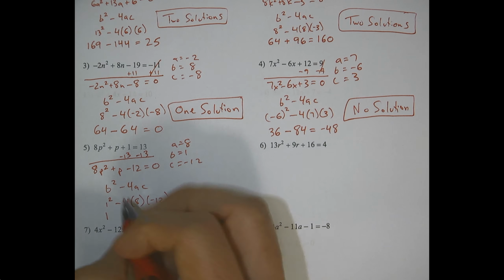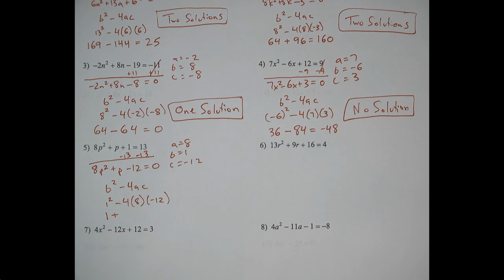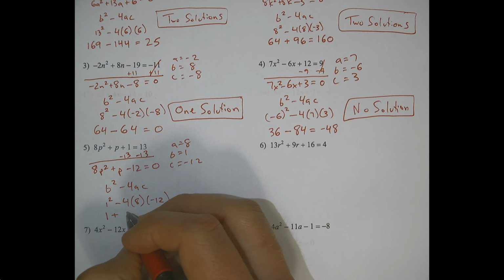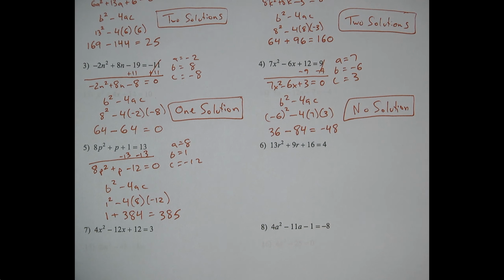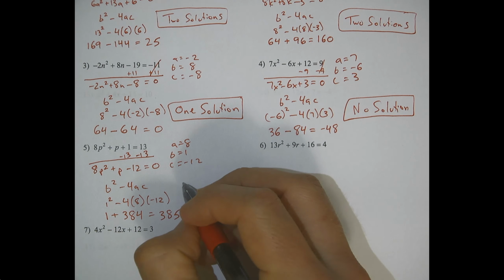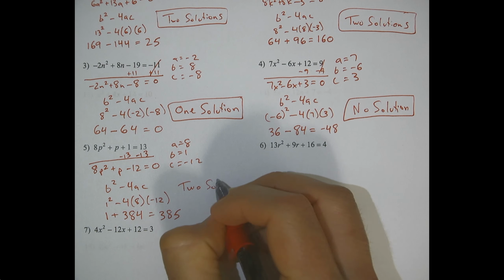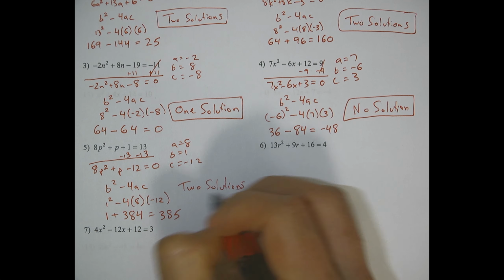So 2 negatives will make a positive. This will end up plus. So 4 times 8 times 12 is 384. When I add those together, obviously that's 385. That's a positive discriminant, which means there will be 2 solutions.